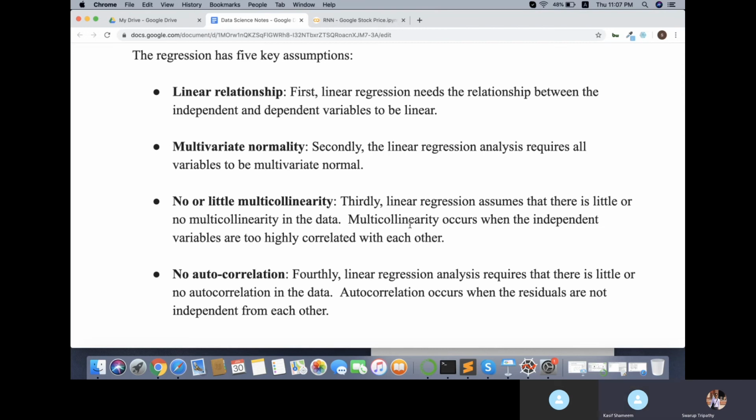To take another example, suppose in a medical record you have two columns: hemoglobin count and platelet count, and you see that both columns have similar records. Then you can drop one column; you don't have to go with all the columns. That means these two columns are highly correlated, with similar information in both.